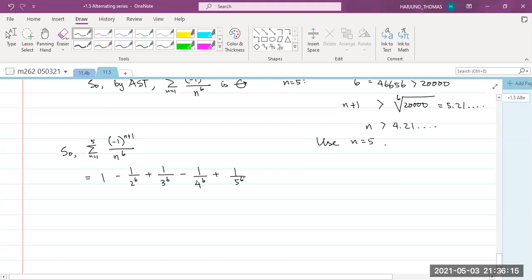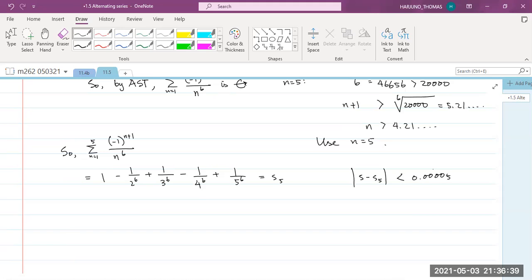This will give us the error, the infinite sum to the 5th partial sum must be less than 0.00005. So you actually just look at the next term. The error must be less than the next term.